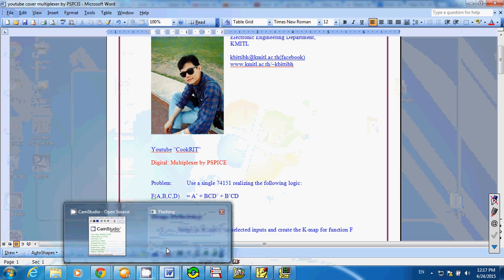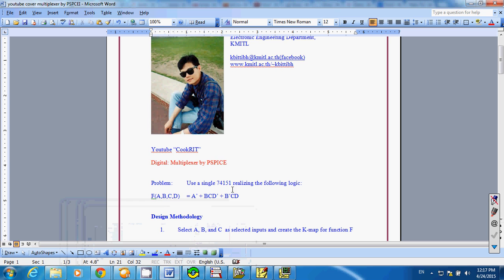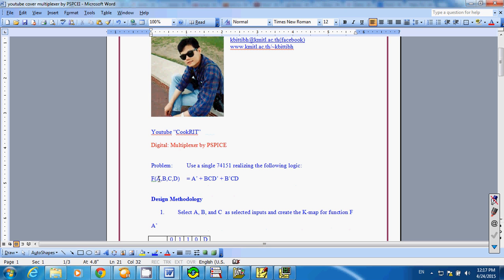And then what we're going to do is use the multiplexer 74151 to design the function f with the four inputs a, b, c, d, and that equals a complement plus bcd complement plus b complement cd.